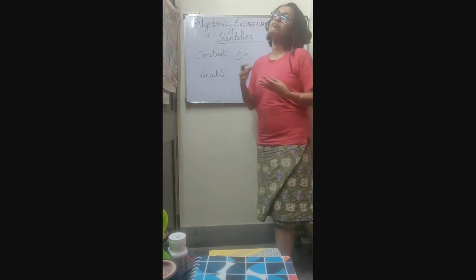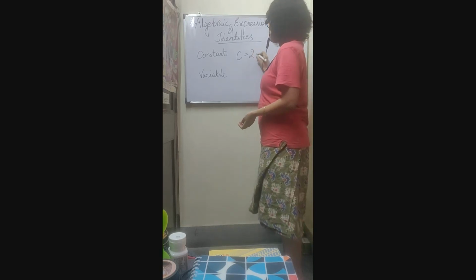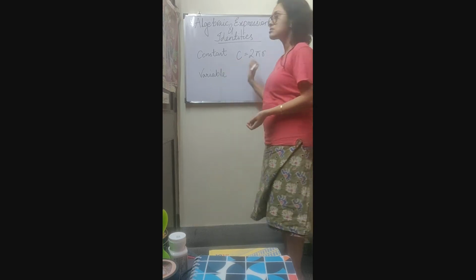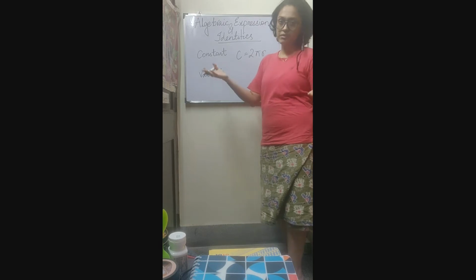The formula for the circumference of a circle is C is equal to 2 pi r, where C is the circumference, r is the radius, and pi is the pi value.